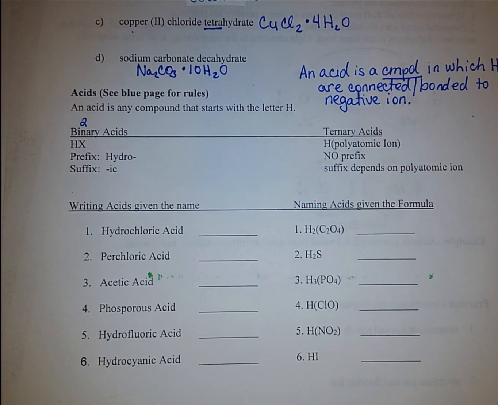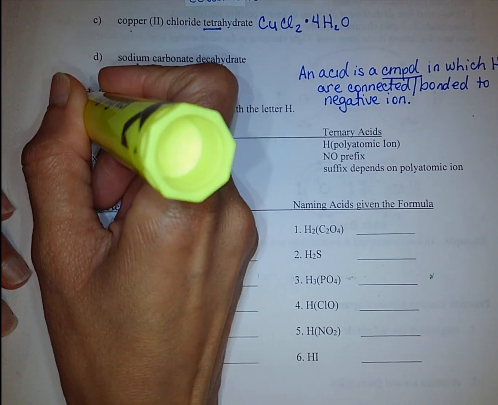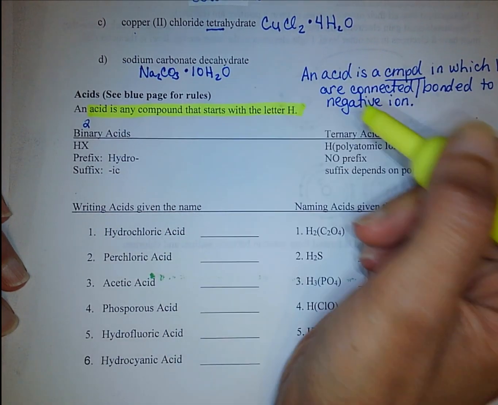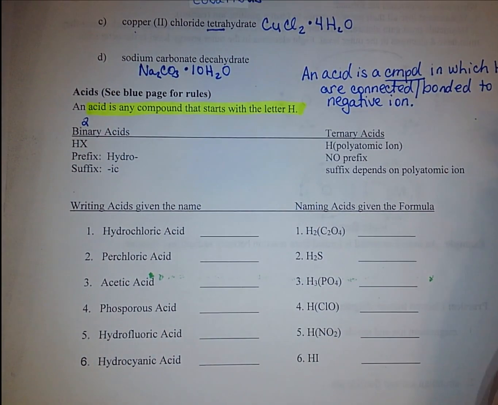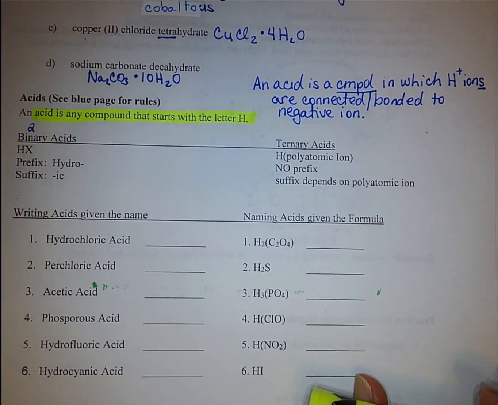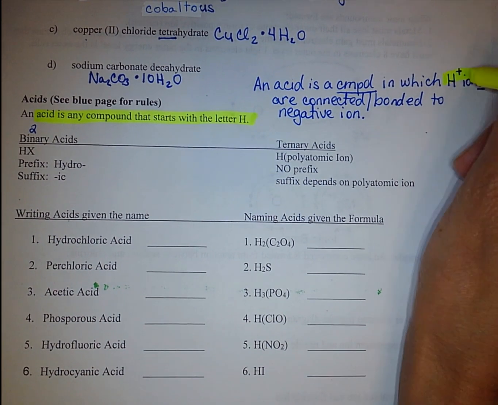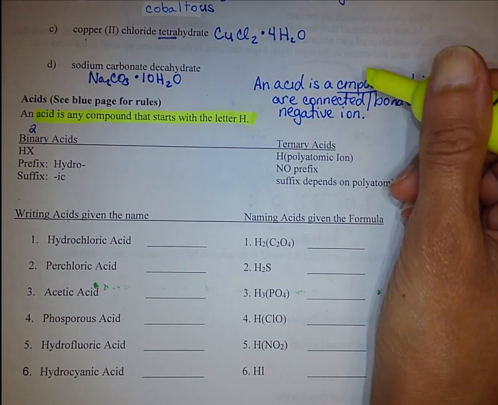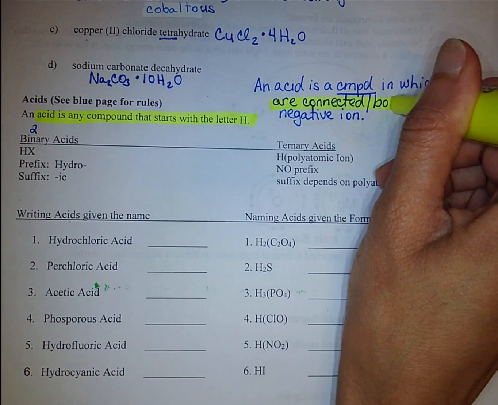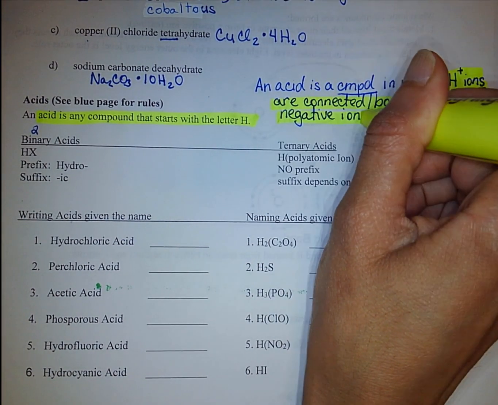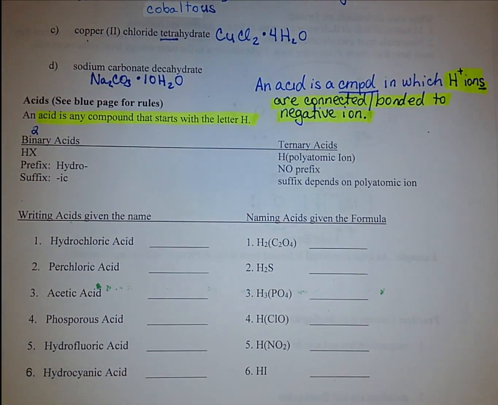Okay, so an acid is a compound that starts with the letter H, okay? And that's really important. So an acid is a compound that starts with the letter H. That means that the hydrogen is a plus ion, and it is connected or bonded to a negative ion.